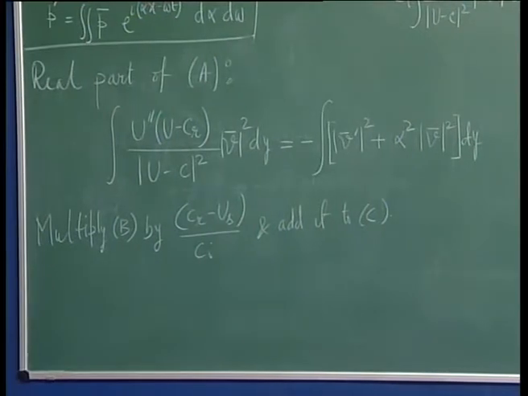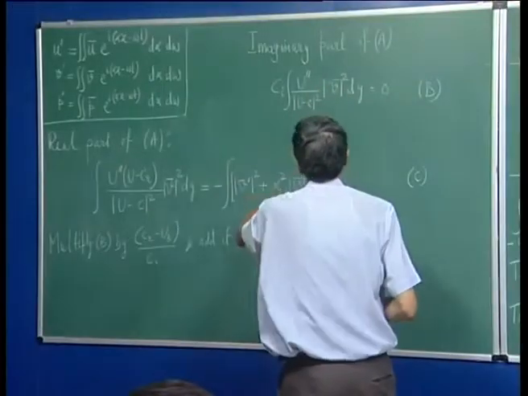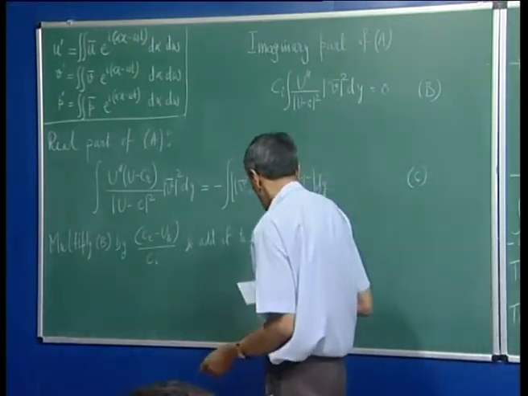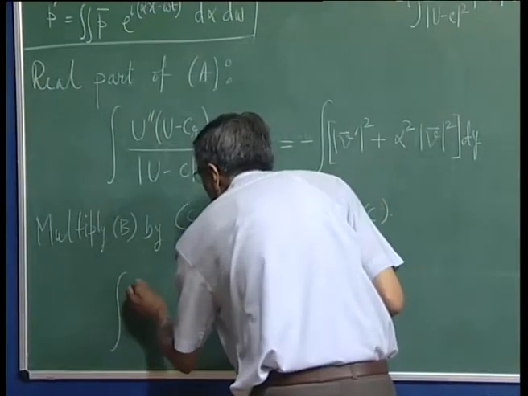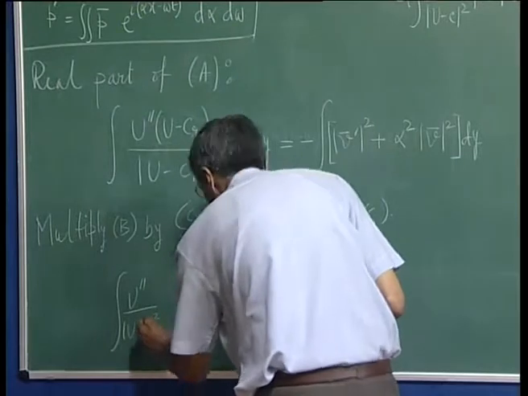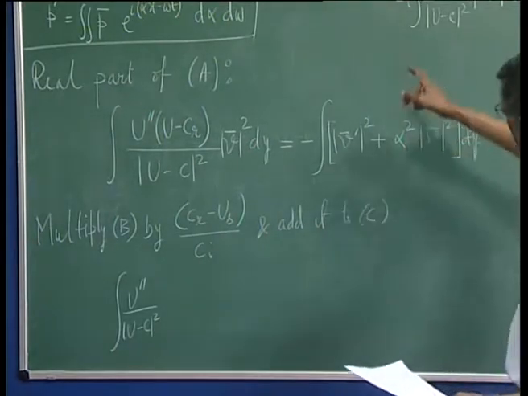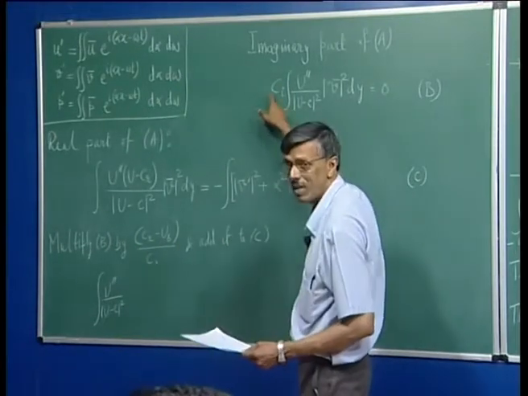Okay. What we get is the following. See, whenever I multiply this quantity, whatever will happen to C will happen only on the left hand side, nothing will happen on the right hand side. So, the right hand side remains the same. On the left hand side, what we get is the common part, u double prime divided by (u minus c) square, and then what happens? You see, I have multiplied this equation by this. So, this c i will cancel and I will have c r minus u s.